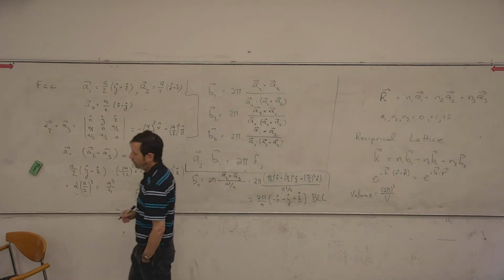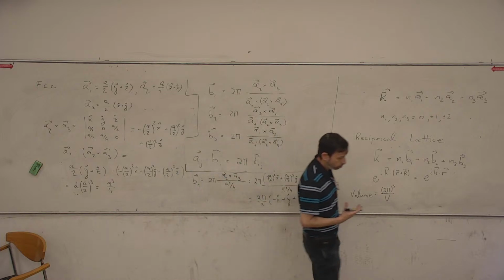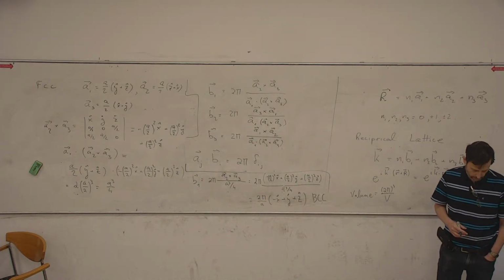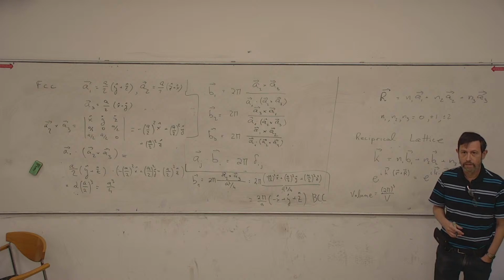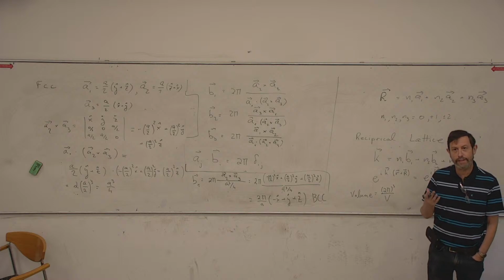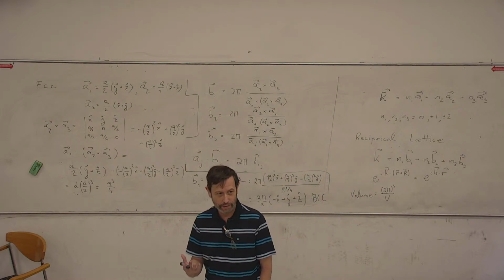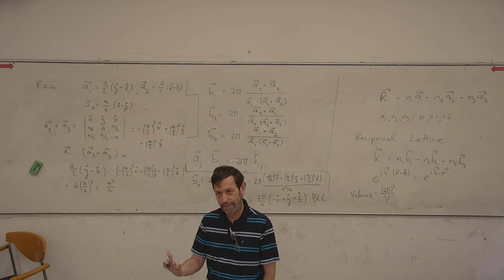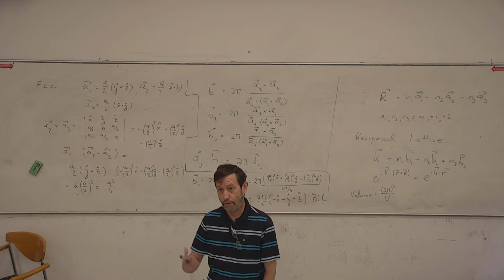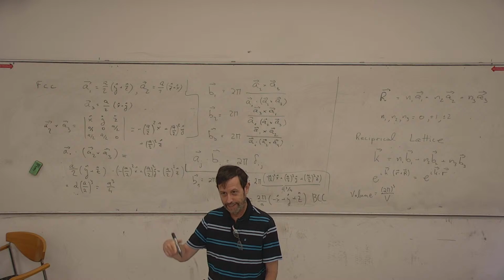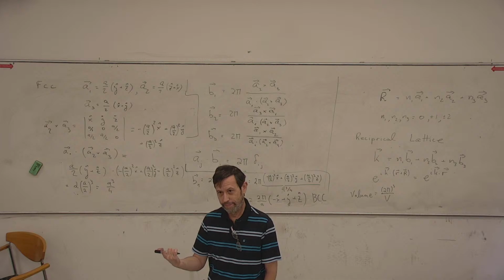How does that work with units? It works lovely. If each unit of length becomes 1 over a unit of length in the reciprocal lattice, the volume is 1 over unit of length to the power of 3. It's not the same kind of thing as we picture, because the units aren't length.